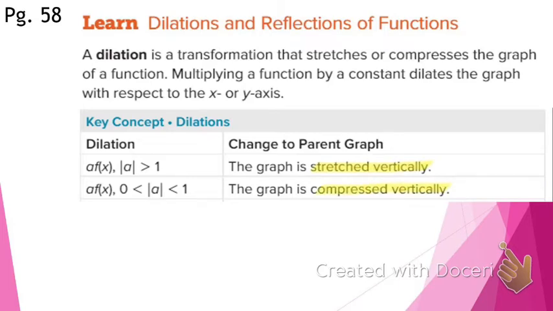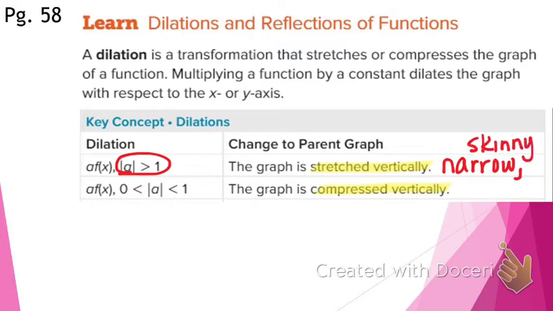So if it stretches it, it does that when A is greater than 1. So if you have a number bigger than 1, it's going to cause it to stretch vertically. Another word for stretching vertically would be that it gets narrow, or skinnier.